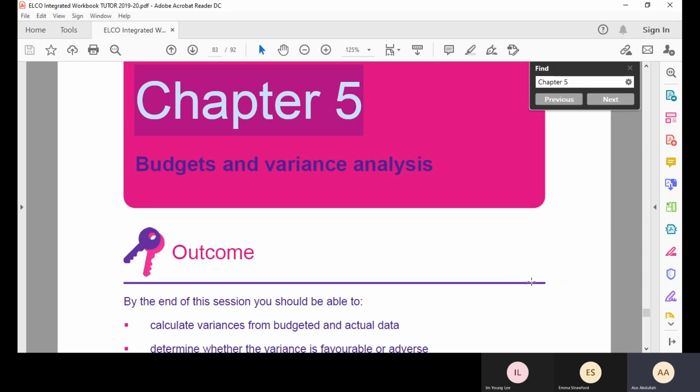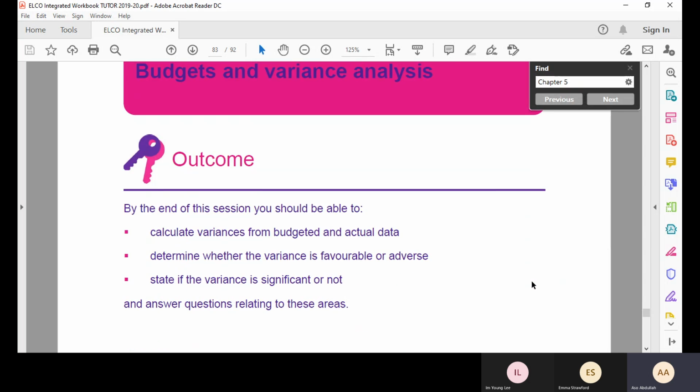So the outcome of this chapter, hopefully by completing this chapter, is that you are able to calculate variances from the budget and actual data, then determine whether the variances are favorable or adverse. Then I will explain what is favorable and what is adverse.